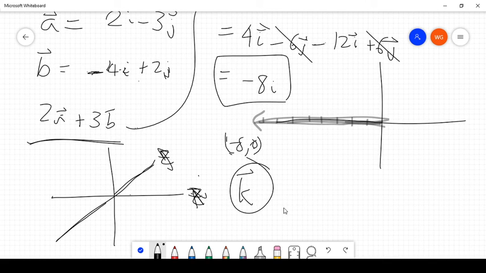In summary, we're just using algebraic operations to calculate the result of algebraic expressions involving i and j, and k can simply be added as a third variable, and k represents the standard basis vector in the third dimension, also known as the z-axis.